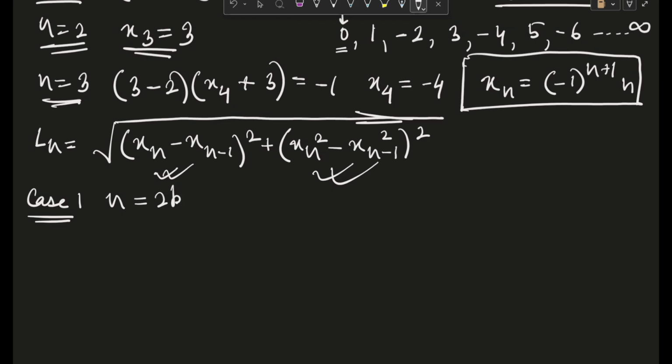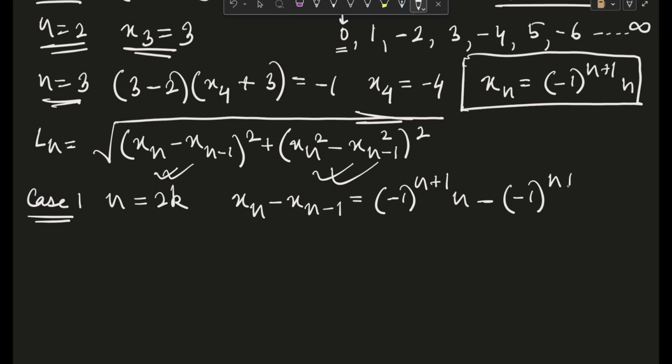If we try to find xn minus xn minus 1, this is actually your minus 1 power n plus 1 times n minus minus 1 power n, I'm sorry, not n plus 2, n minus 1 in place of this.